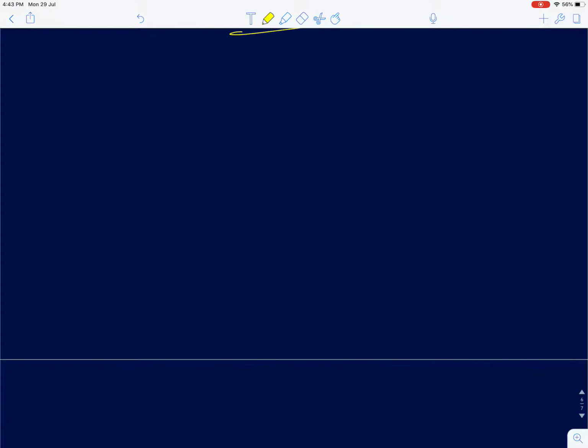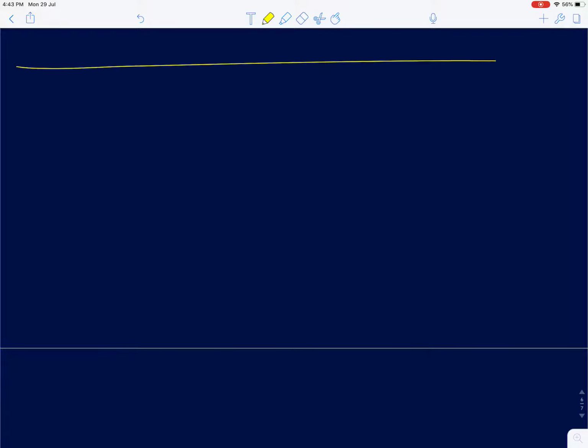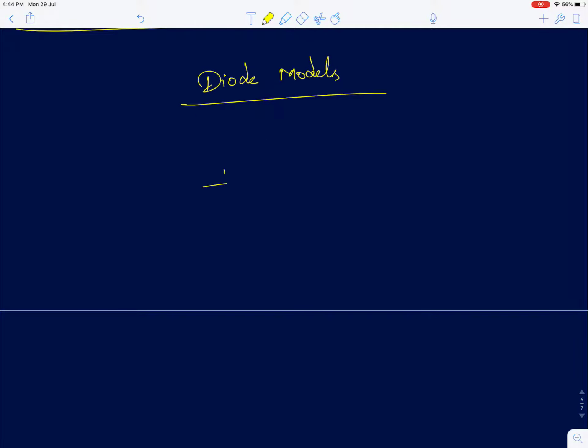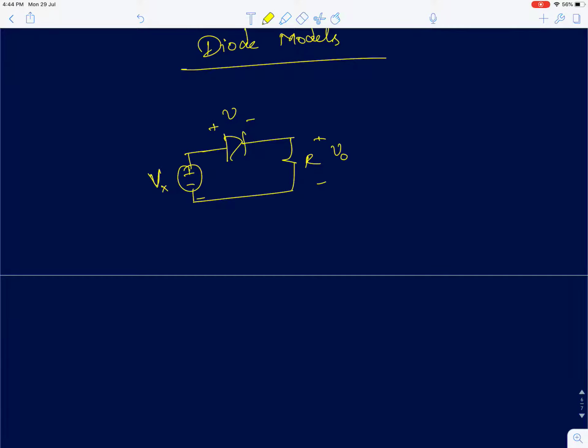Now we will go about building the models for diodes. First consider a very simple circuit with a diode and a resistor. When you apply an input voltage Vx, with V the voltage across the diode and V0 the output voltage, let's assume I is the current flowing in this direction.